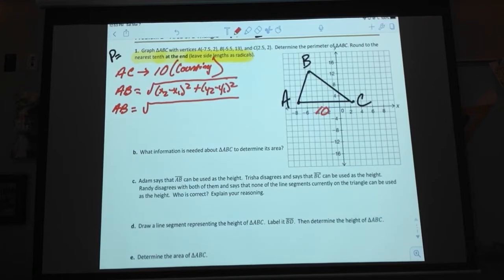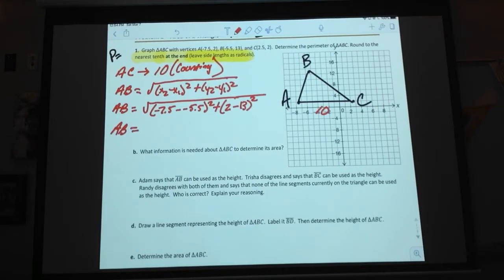Well, A is at negative 7.5 and B is at negative 5.5. So I'm going to put in the negative 7.5 minus the negative 5.5, and I'm going to square that, and then my y2's are going to be 2 minus 13. And when I look at those, I know a negative and a negative make a positive.